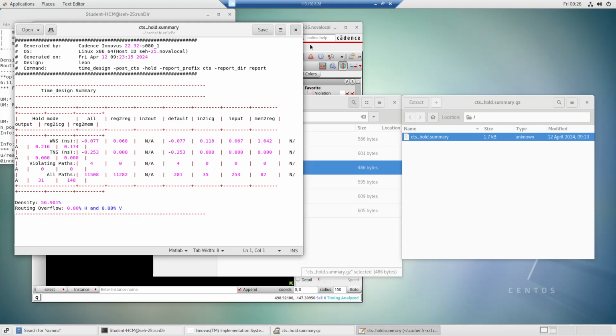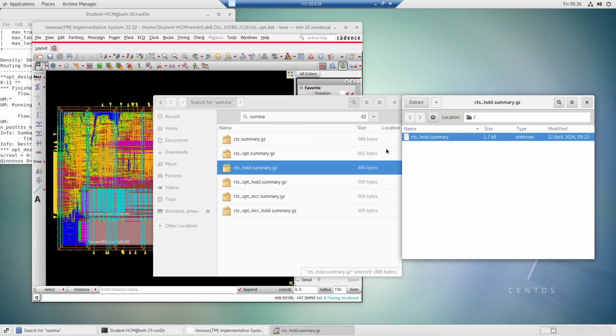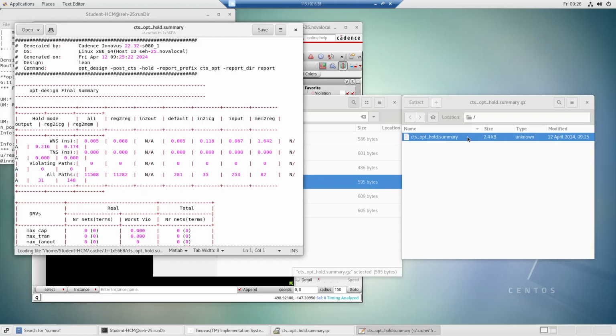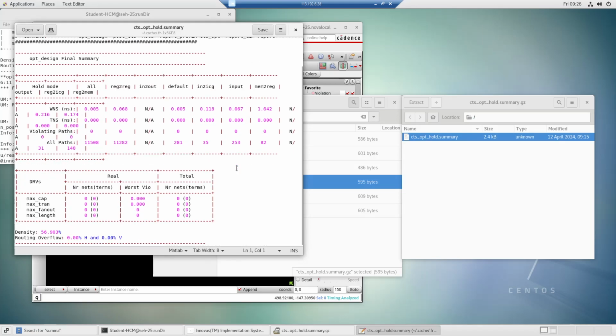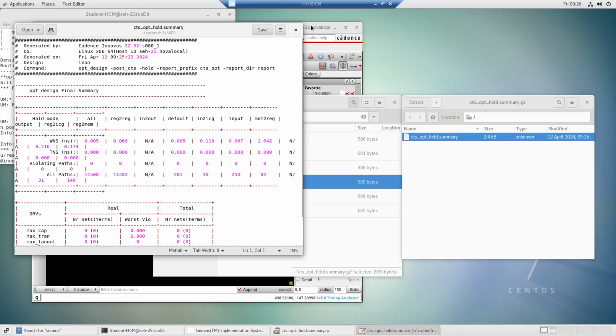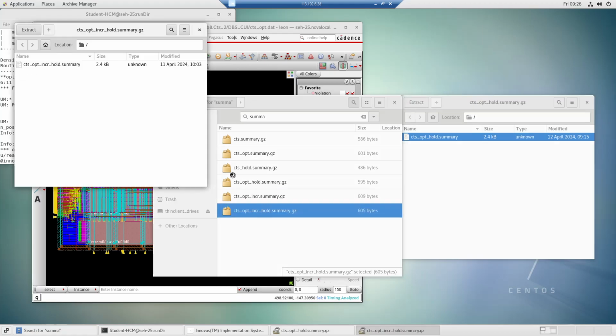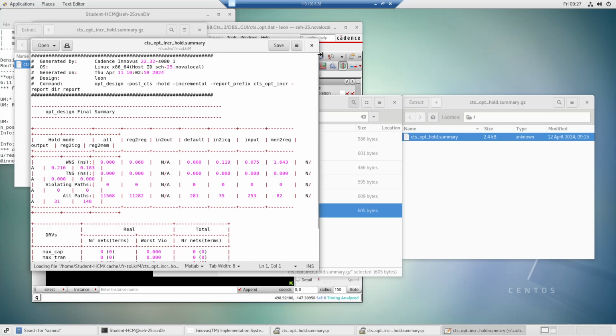But the total and the number of violating paths are there for you to see what the magnitude is. If you have, in this case, 12,000 paths and only 19 violations, you say, hey, it is okay to accept certain violations here, with the hope that the magnitude of violations is not very big. That's the significance of total negative slack and violating paths.